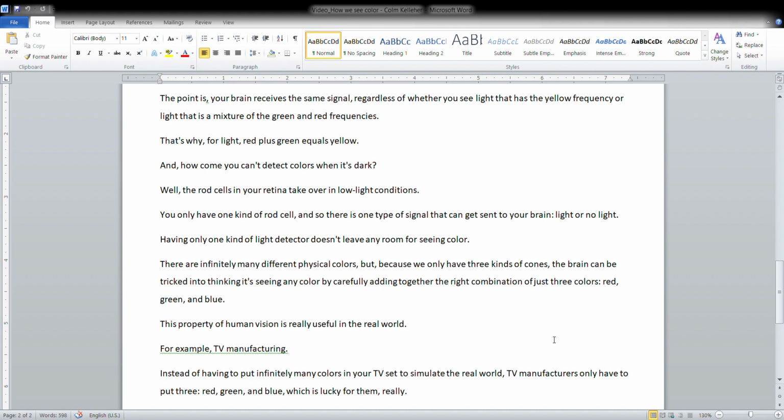This property of human vision is really useful in the real world. For example, in TV manufacturing, instead of having to put infinitely many colors in your TV set to simulate the real world, TV manufacturers only have to put in three, red, green, and blue, which is lucky for them really.